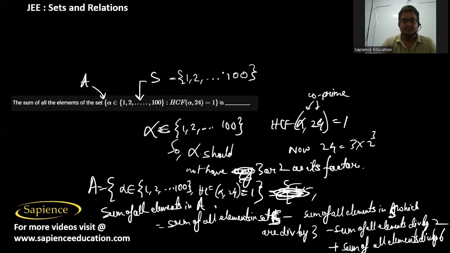Then minus the sum of the elements which are divisible by 3.